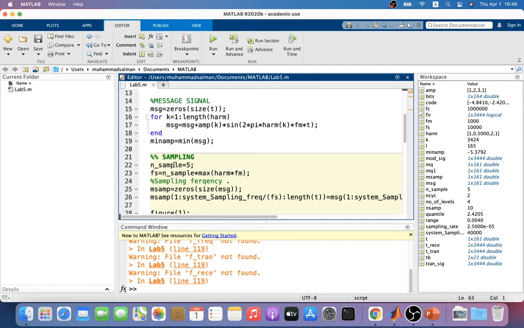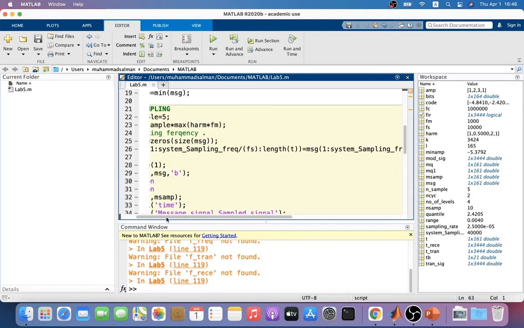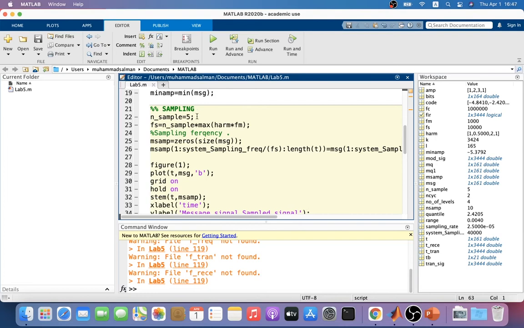And then we used the sampling part. In the sampling, as I told you, we have to track the highest frequency component. I will show you in the slides now. When we see the maximum frequency, our sampling should happen a couple of times more than the maximum frequency available in the signal.